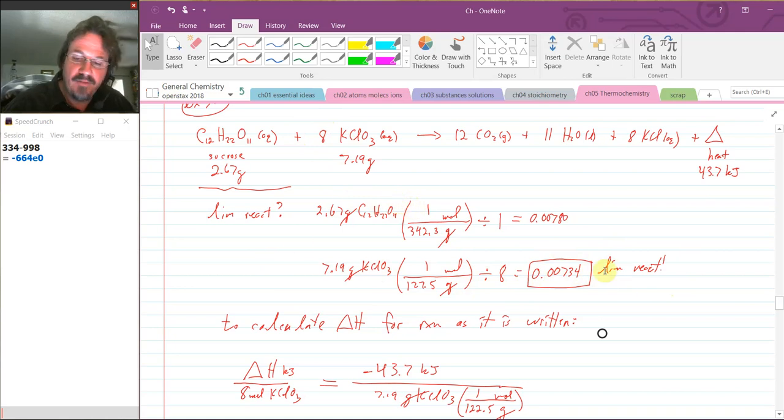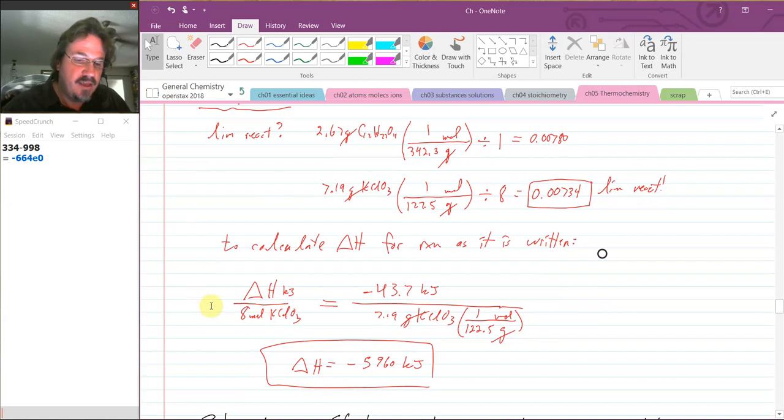Okay, now that I figured out my limiting reactant, I can go through and do this calculation. The amount of heat, delta H, per the moles of potassium chlorate I have here, which in this case is 8 moles. Here I'm talking about the balanced reaction. See, this is what they want me to solve for. What would it be for that?